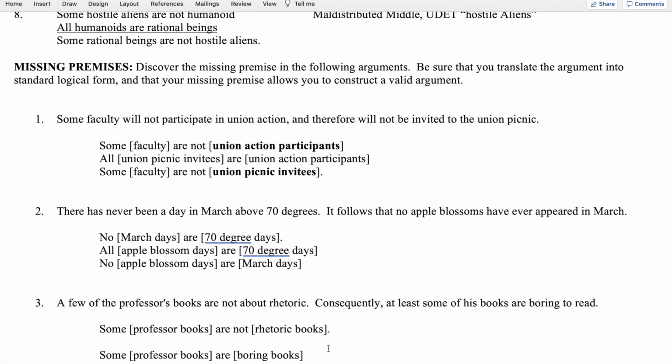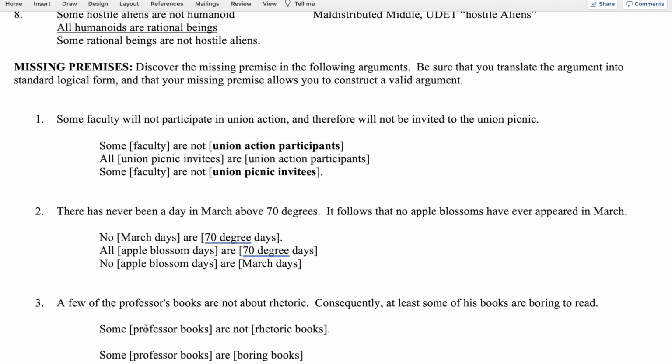And if we just kept it that way, we would commit the fallacy of unequal negation, because the number of negative premises must equal the number of negative conclusions. So how do we deal with that? Well, a couple of options, but one would be to obvert the premise and the other would be to obvert the conclusion. So let's do the obversion of the premise.